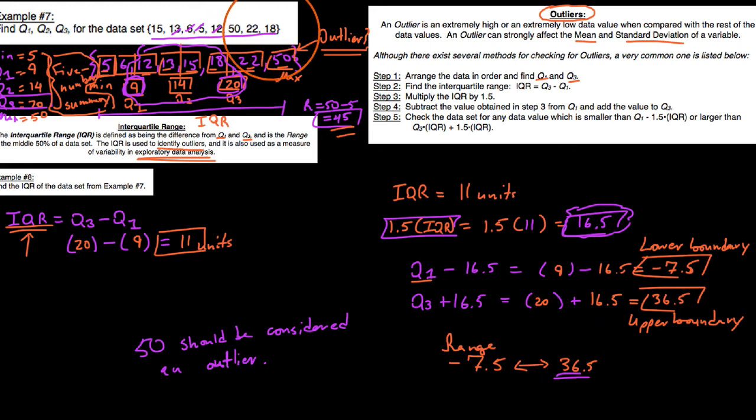So if our last datum were not 50 but 37, that 37 would be an outlier because it fell outside of this acceptable range. So these are the definitions of interquartile range, as well as outliers, and how you judge whether or not something is an outlier. Cheers.